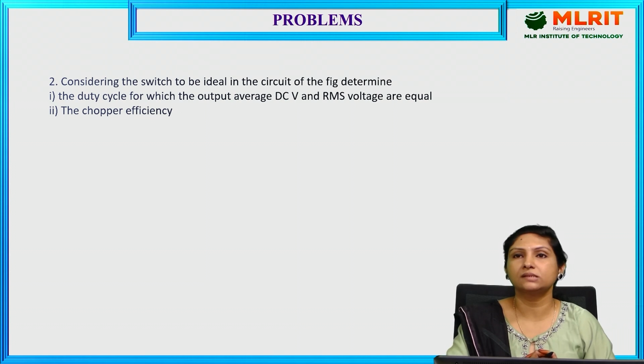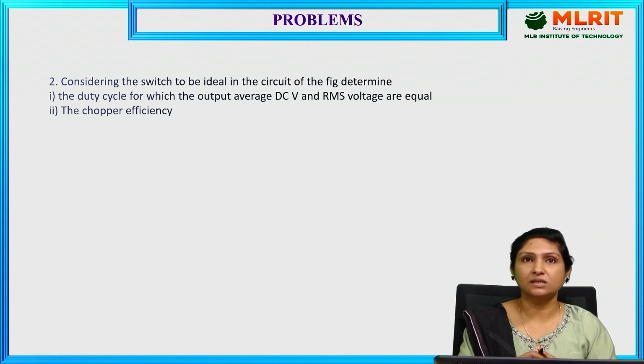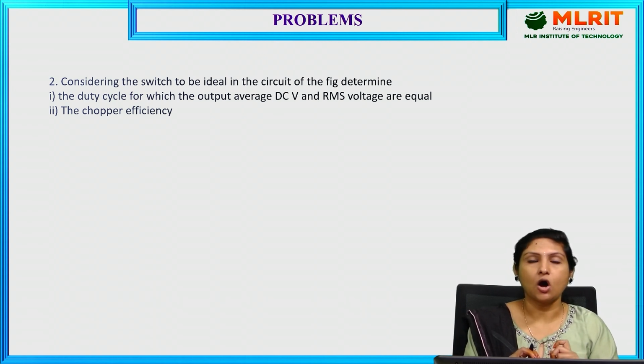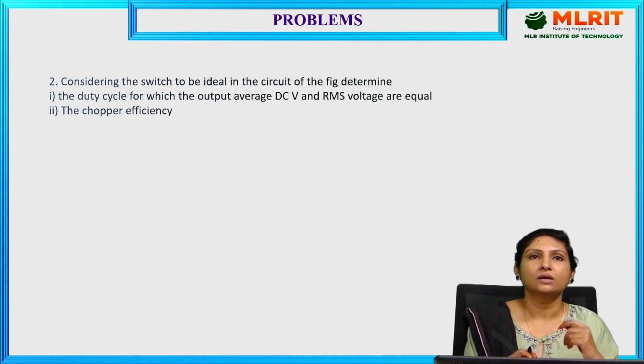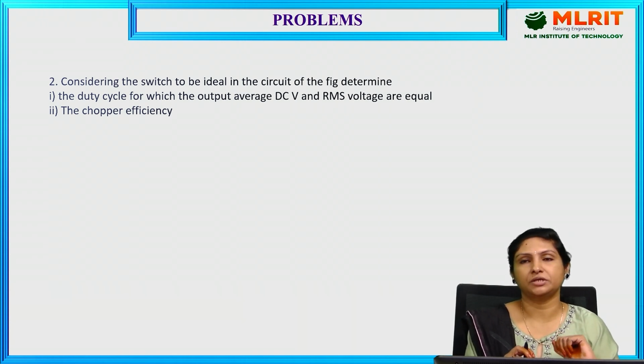Now, let us see the second problem. Considering the switch to be ideal in the circuit of the figure, determine the duty cycle for which the output average DC voltage and RMS voltage are equal. In the second case, you need to find out the chopper efficiency.